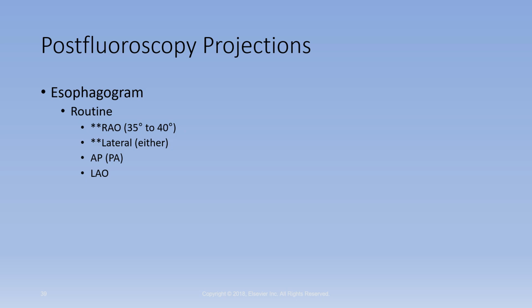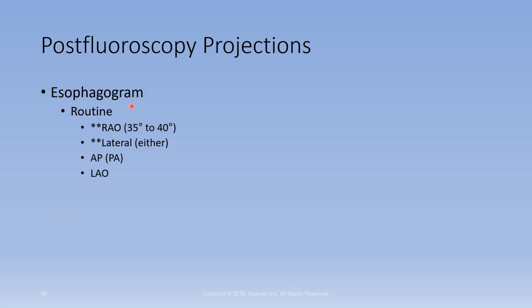But the registry is still going to test you on these images for an esophagus. So we are going to talk about what would be normally done with this study. Okay, and this isn't just here. This is literally nationwide. They are tending to do away with overhead images after fluoro.